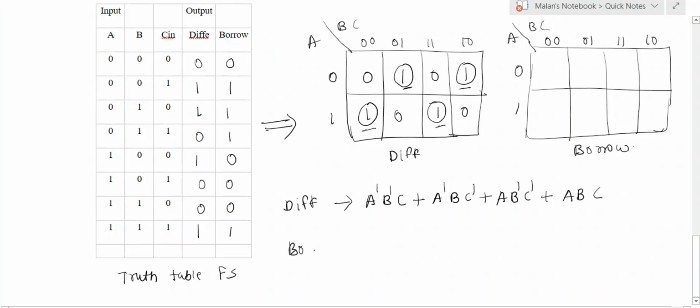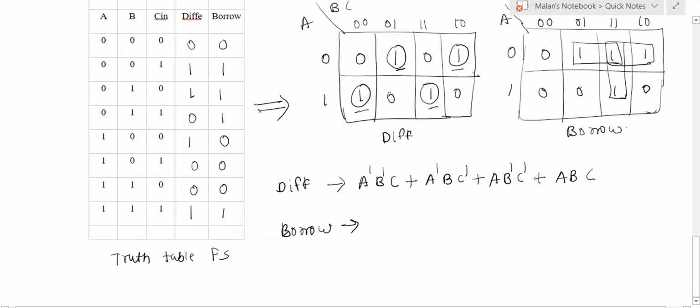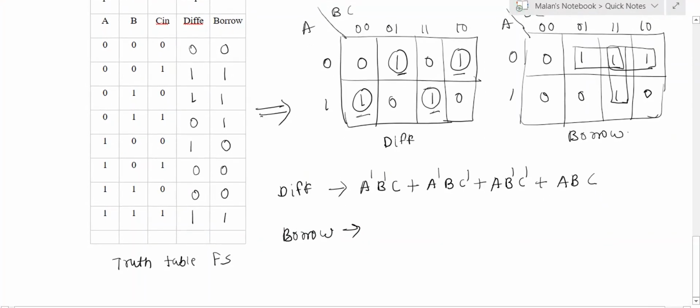And for the borrow, after plotting the K-map the entries are 0, 1, 1, 1, 0, 0, 1, 0. Now we can form pairs here. This can be my first pair, this can be my second pair, and this can be my third pair. Now we'll find the terms represented by the three pairs.